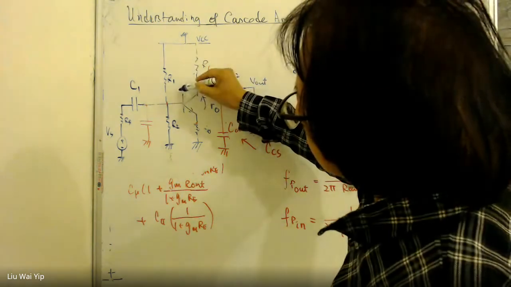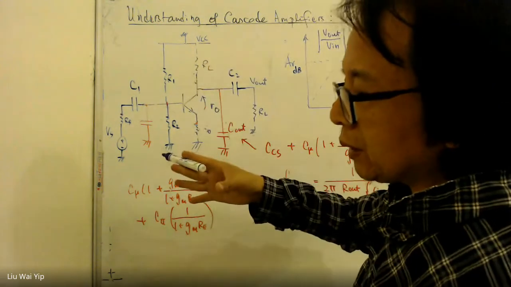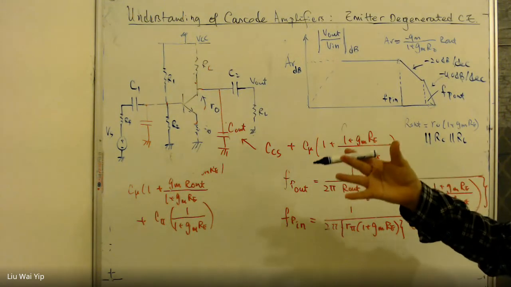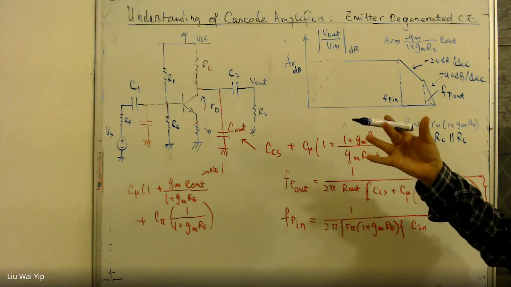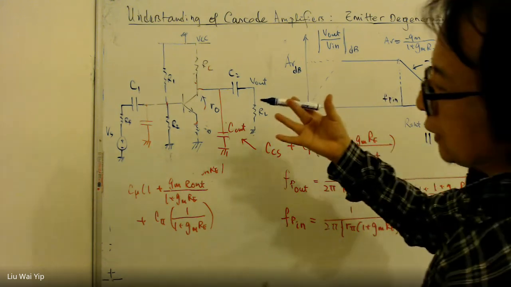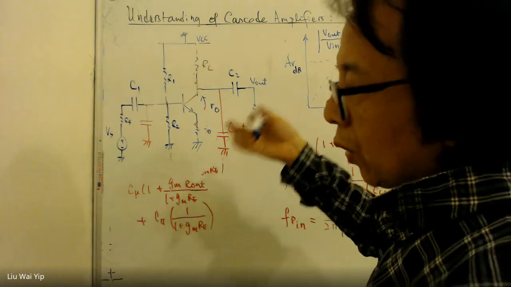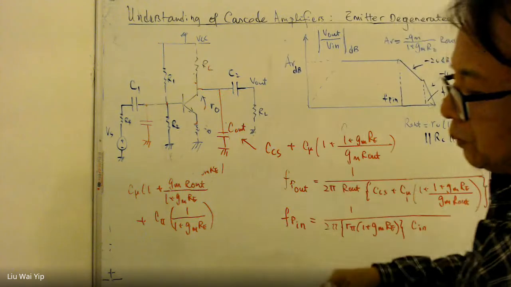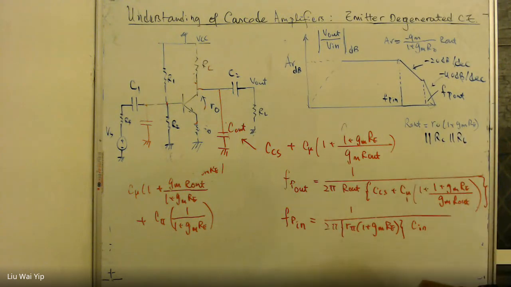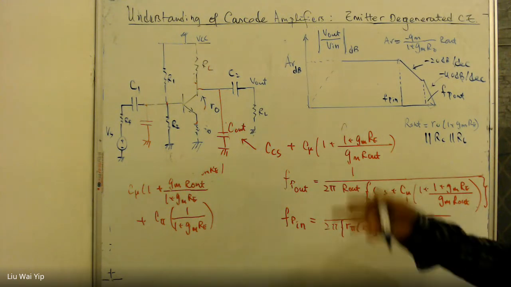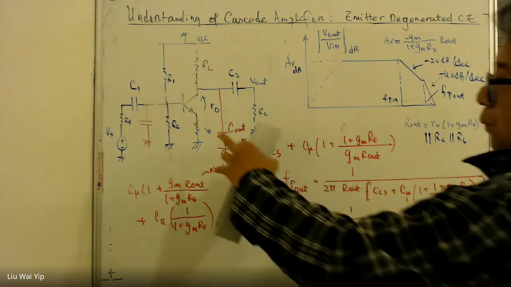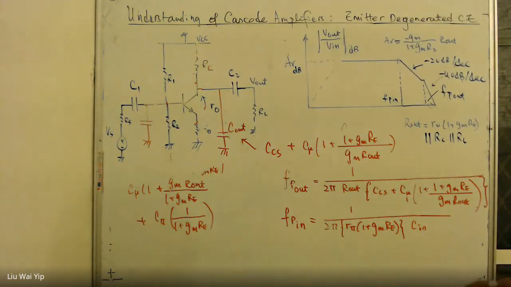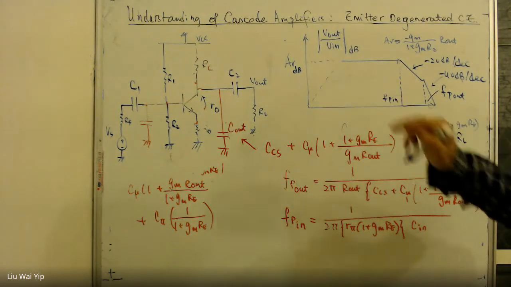C mu is in the order of a picofarad. So at low frequency, it's just non-existent. C pi is the same, a couple of femtofarads. So it's not going to affect the low frequency response like what we have here.